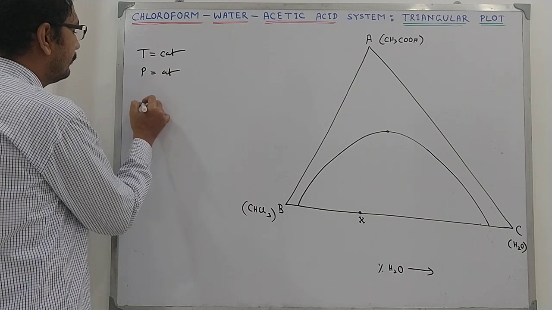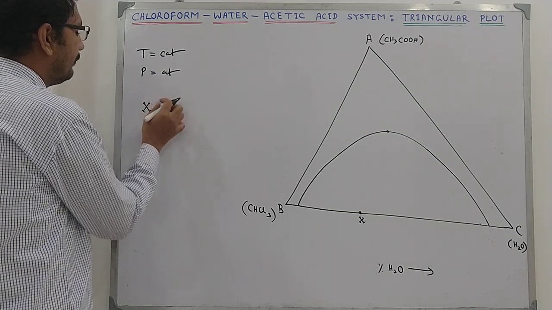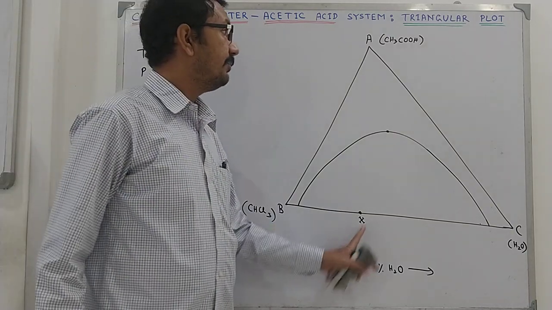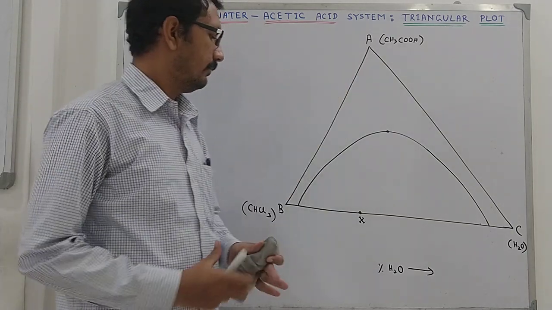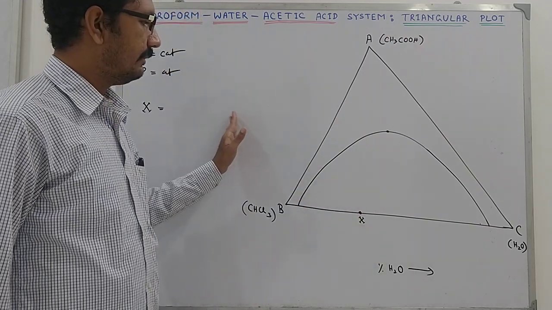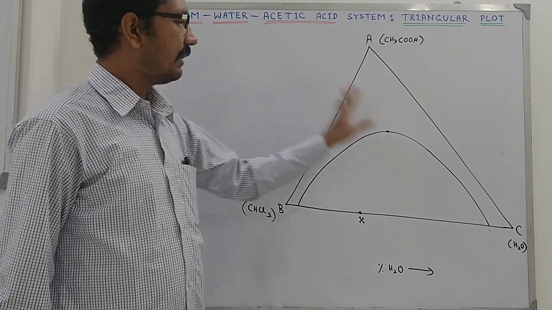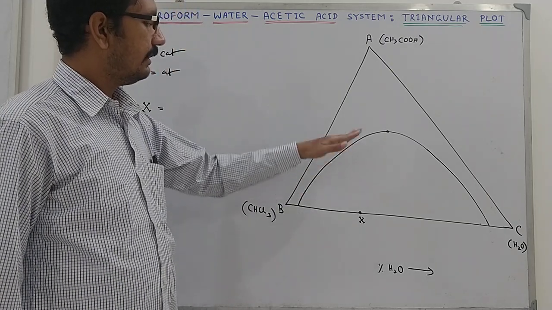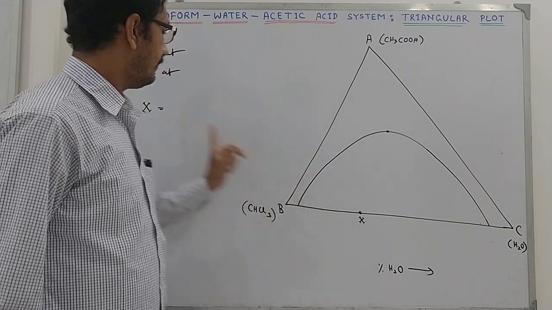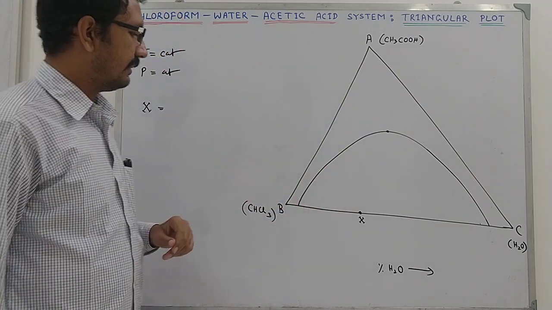Now at X, obviously you don't have A, since this is the baseline of this apex. So here we will have 0% A, as I have just explained to you. This is a triangular plot and this is the baseline of this apex. So here it will be 0% A. No A is present.